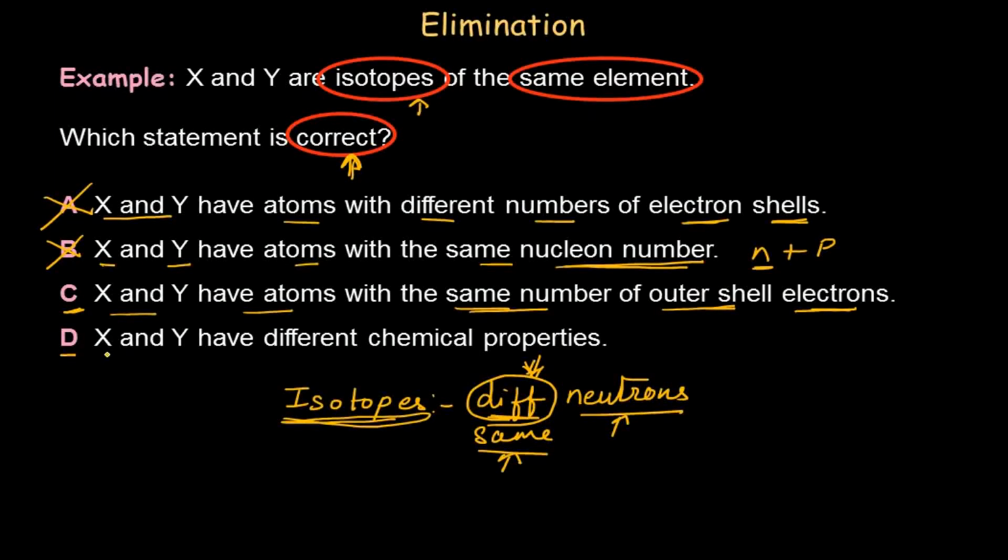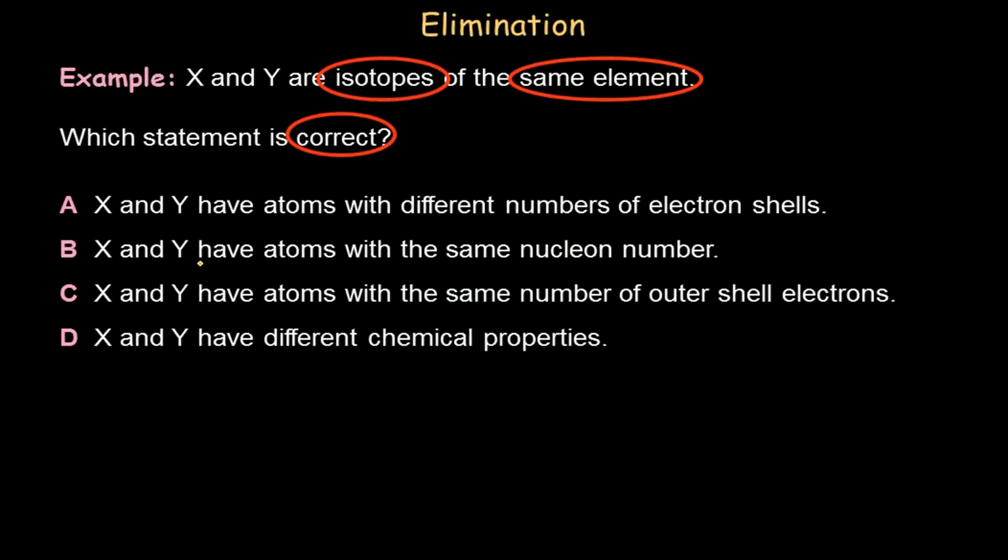Option D says X and Y have different chemical properties. As we had decided that only neutrons differ, the chemical properties don't differ. So this option is also eliminated, and that is how you find the correct answer, by eliminating the wrong answers. This is what we mean when we say we should use an elimination method to look for the correct answer.